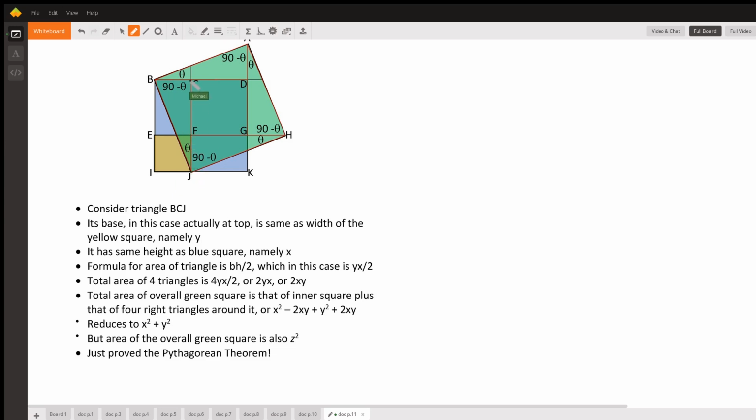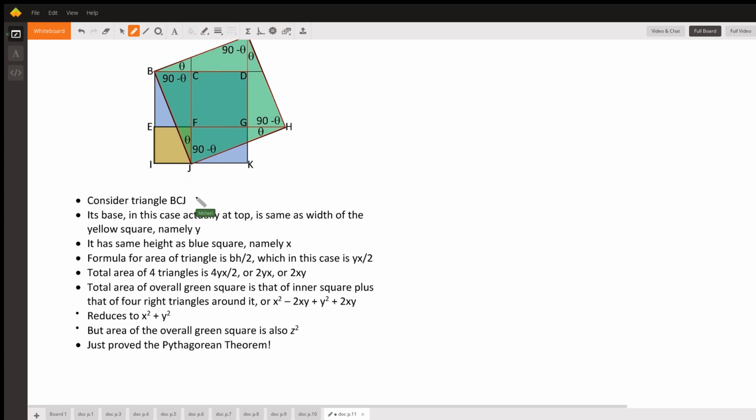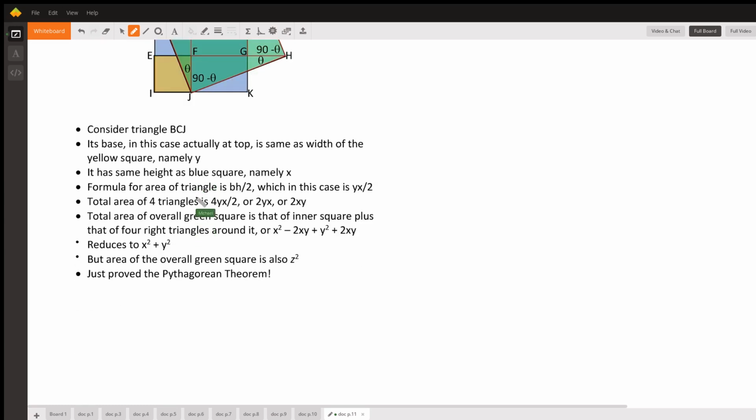And the height is the width of the side of the blue square, which is x. So the area of one of them is base times height over 2, which is yx over 2. But we have 4 of them. We multiply by 4, and you get 2yx, or 2xy.